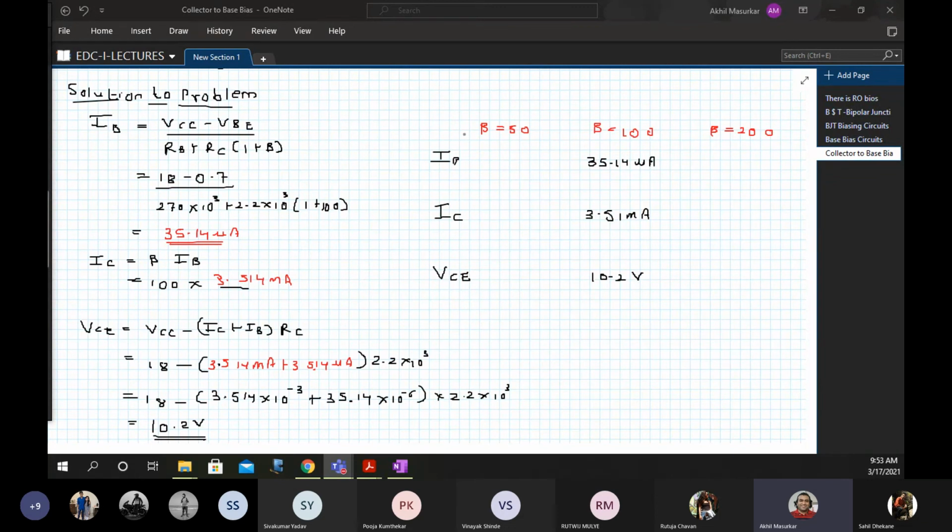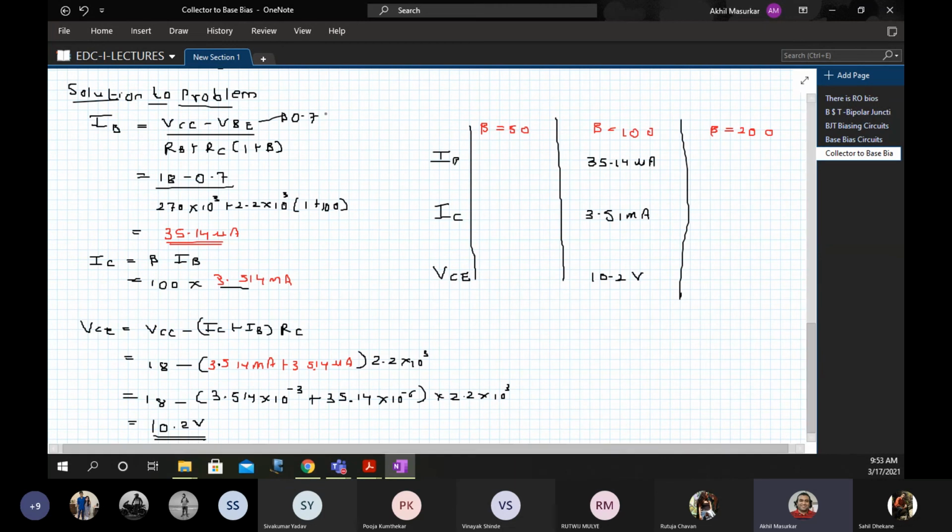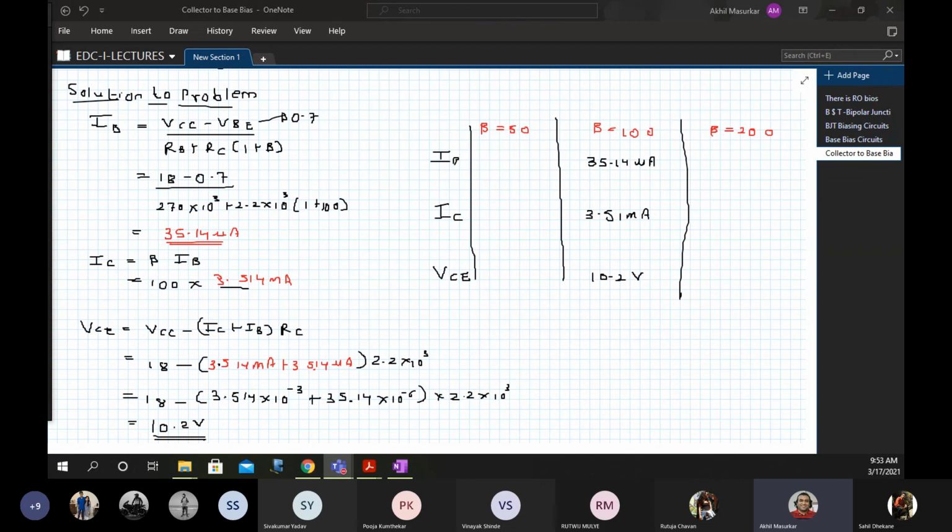Now all you need to do is just put in the values, that's it. VBE is 0.7. So first you calculate for beta equal to 50, then for beta equal to 200. So why we are seeing this for a stability circuit is because we want to see what if beta changes. Is there some problem?